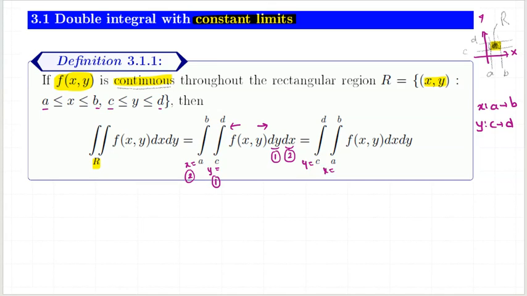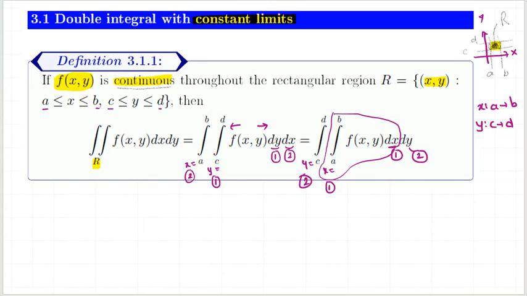Now the inside limit is that of x, so you should write dx and then dy. From the function, if you move outward, first is x, so first should be integration with x, second with y. We'll understand this again when we do an example.